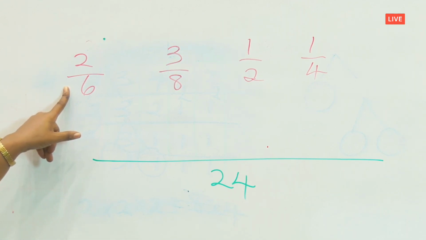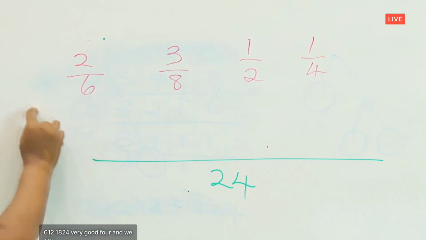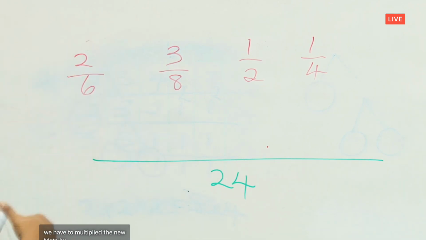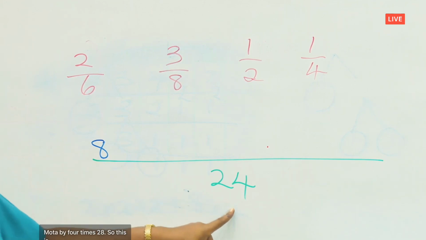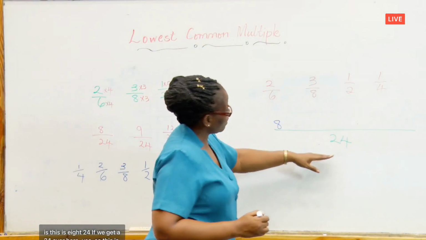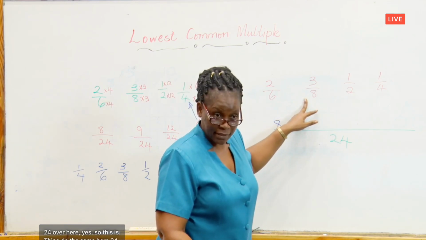Right, so let's go. 24 divided by 6. Yes. So we get 6, 12, 18, 24. Very good. 4. And when we get the answer here, we have to multiply the numerator by it. 4 times 2, 8. So this is saying this is 8/24.